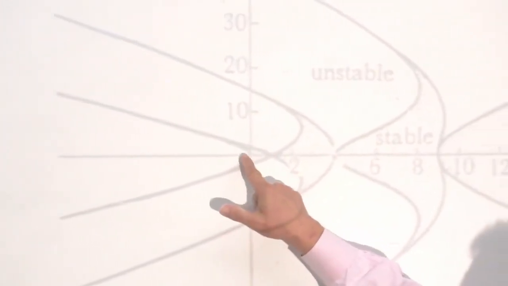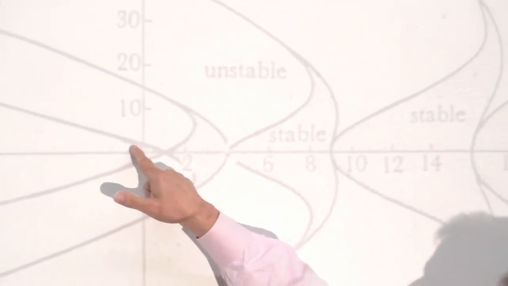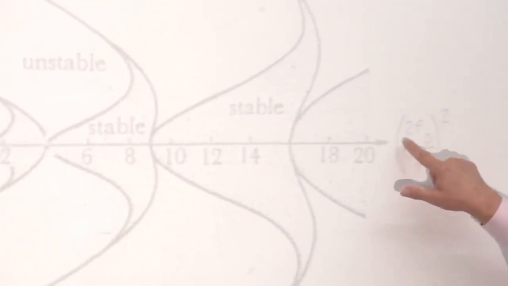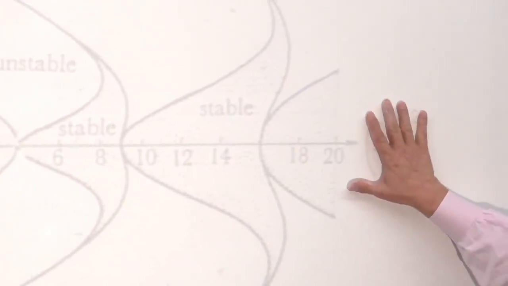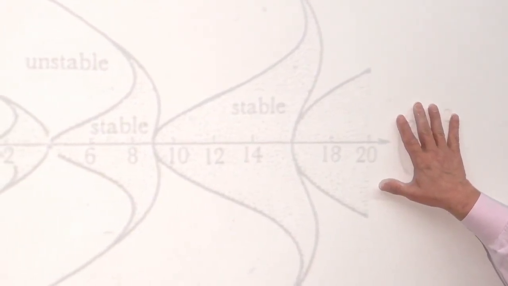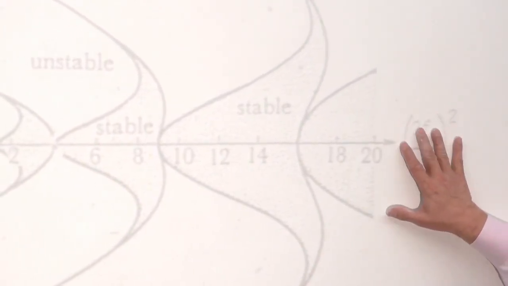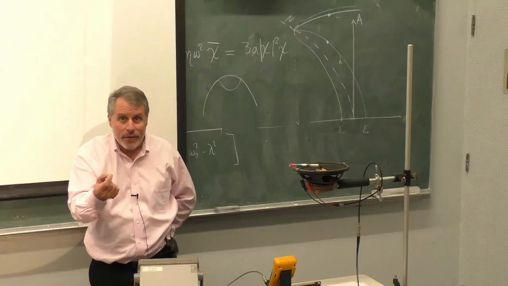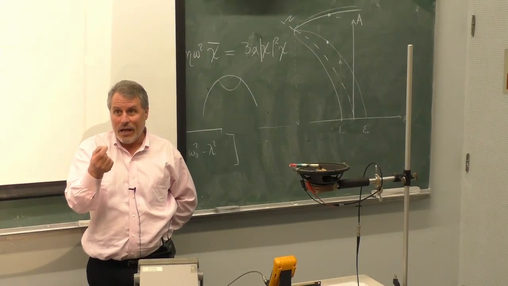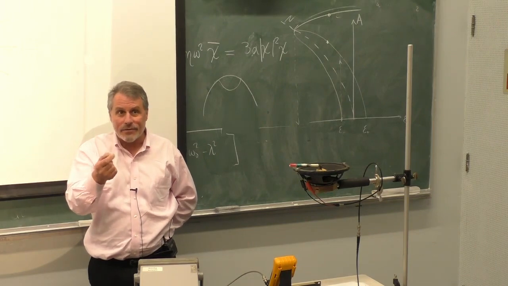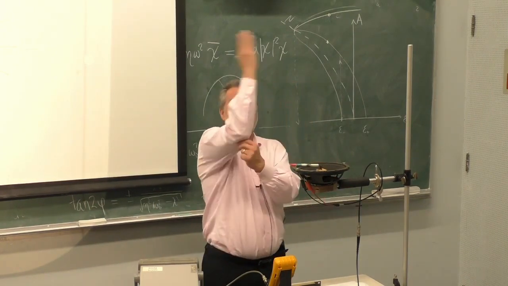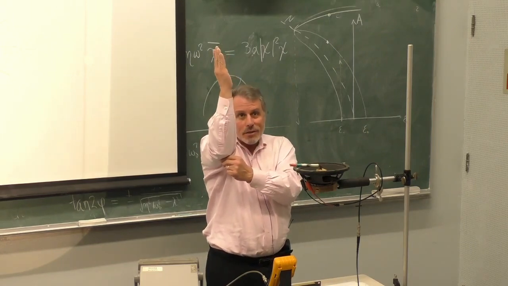This is particularly interesting, the fact that there's a stable region where this number 2f naught over f squared is negative. 2f naught over f squared being negative corresponds to an omega naught squared that is negative. That is the inverted pendulum. When the pendulum is upside down, omega naught is negative.